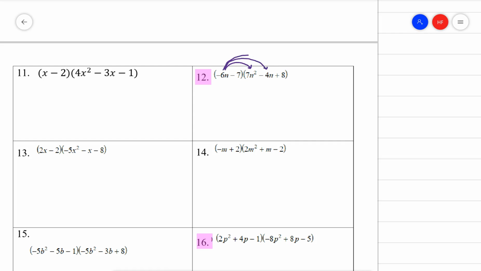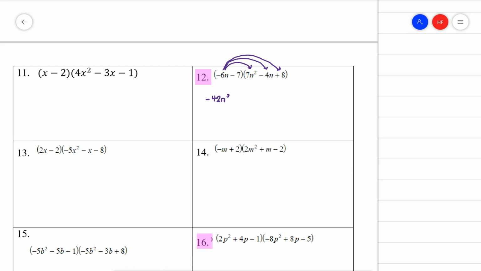So you want to take that first term and distribute all the way across the second set of parentheses. So negative 6n times 7n squared. Negative 6 times 7 is negative 42. And then we have n times n squared, which will make that power of n go up.